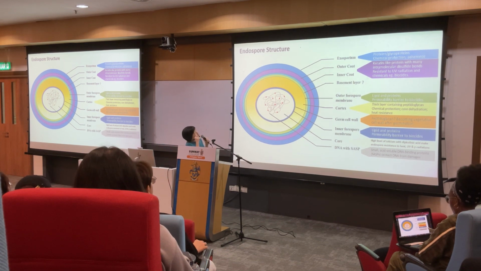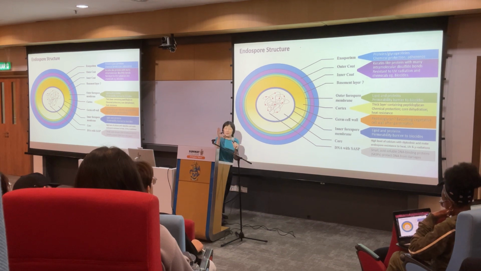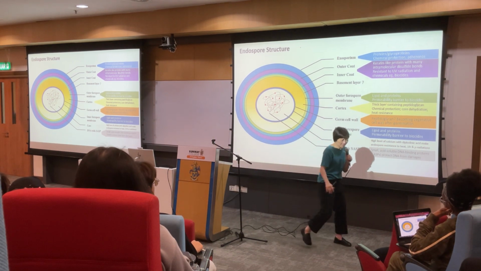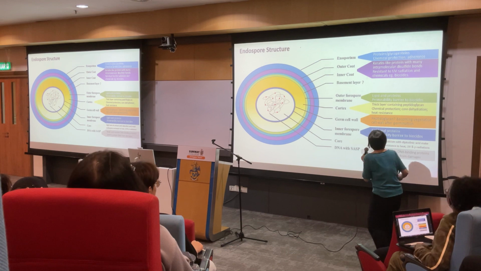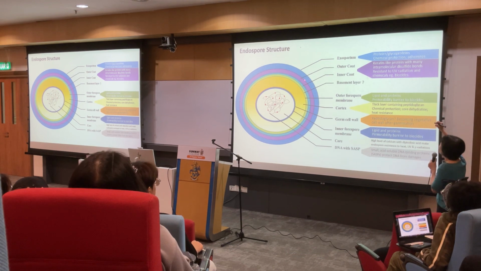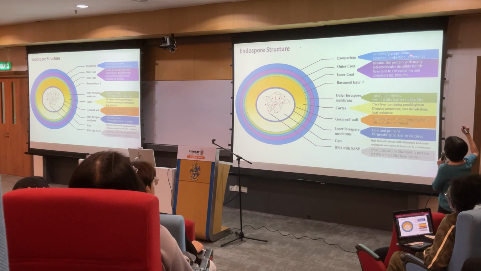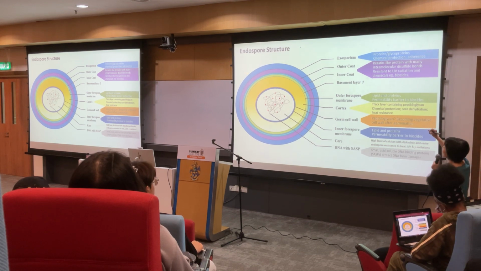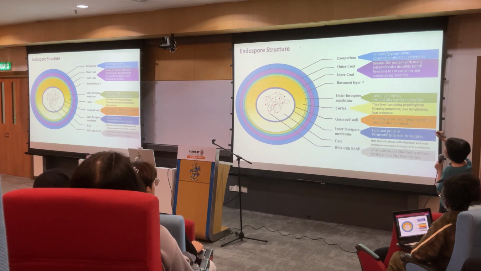Starting from outside, I don't even remember what they are. Sorry. The very external one they call the exosporium. It is formed by protein or glycoprotein. It protects the spore from chemicals. It can also adhere, because it is the outer layer and made of protein. Protein normally can stick to surfaces.